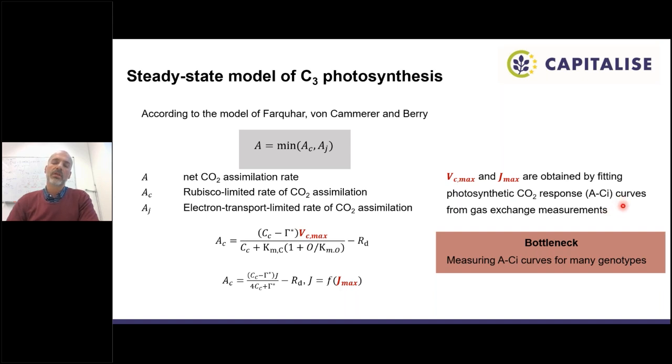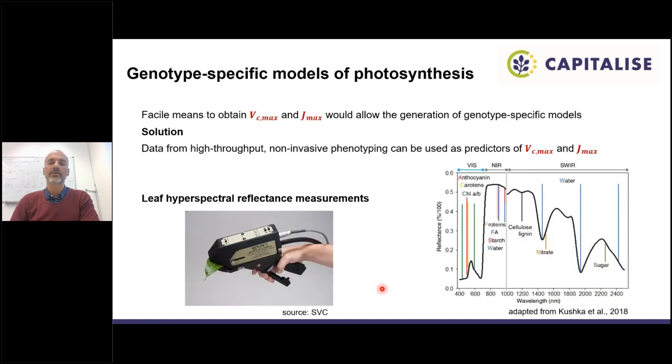So as a result, if we would like to be able to understand natural variation in net carbon dioxide assimilation in a population of genotypes, then the bottleneck clearly is obtaining measurements for these two key parameters that would then allow us, using the equations that I presented, the prediction of net carbon dioxide assimilation rate. The problem then is how to arrive at facile means to obtain the values for the two key parameters that would allow us to generate genotype-specific models.